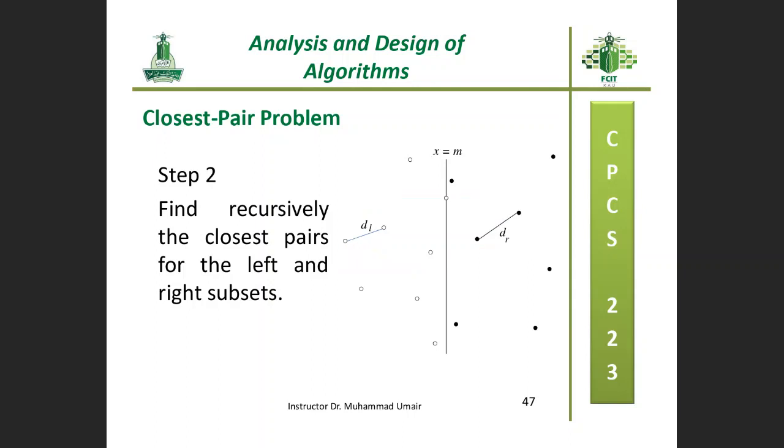We have divided the problem into two groups, left and right, and we keep on dividing. At the second last step, you have calculated the closest points from the right, which is dr, and identified 2 points which are closest to each other in the left group, represented by dl. Now if you have to answer which 2 points are the closest, you will compare dl with dr. Whichever value is smallest will be your answer, or not?